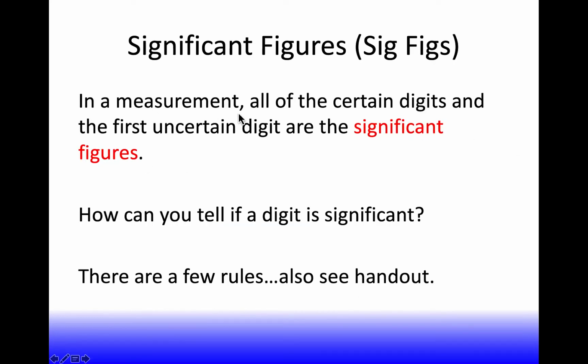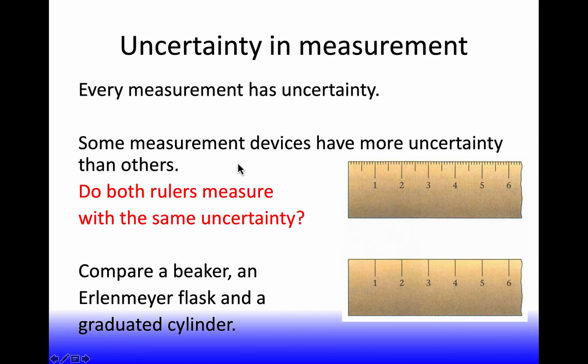Now, in measurement, all of the certain digits and the first uncertain digit are considered significant figures. Now, if you go back here, like I said, if you're in between 1.7 and 1.8, you know the 1 is significant, you know the 7 is significant because you can see them. What you're not certain about is how close to the 8 you are or how close to the 7 you are.